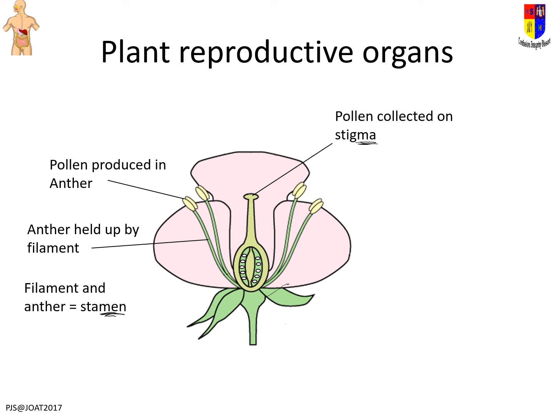When the pollen lands on this, it drops down a little tube with the nucleus inside, which then joins up with the ovule inside the ovary. This whole section here is the ovary. So this little ovule will develop into a seed, and this whole section will develop into the fruit.